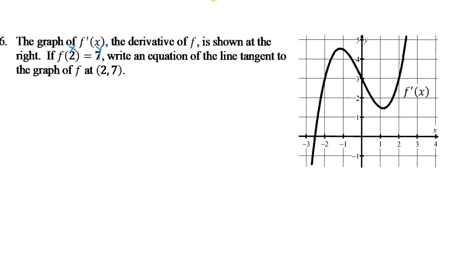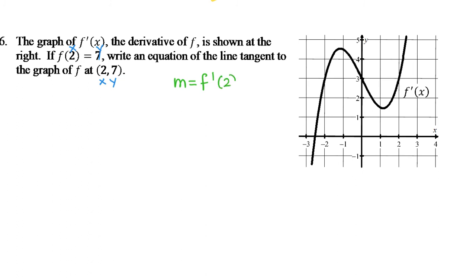They want me to write an equation of the tangent line to the graph at (2, 7). I know the x value, I know the y value, I just need the slope. The slope is the derivative at that point. So m equals the derivative at x equals 2, because that's the value they want me to figure it out from.